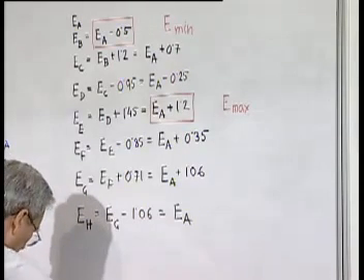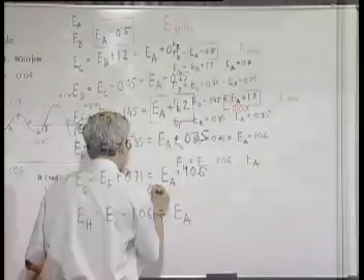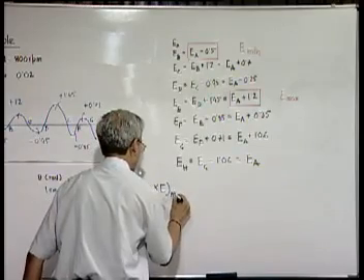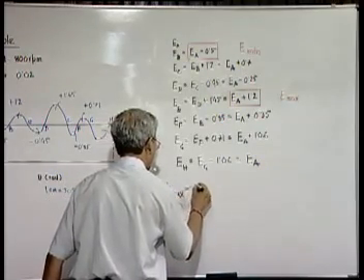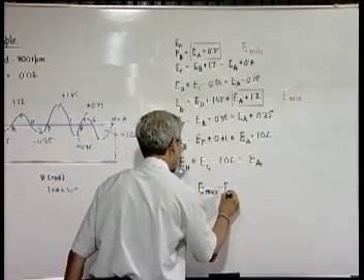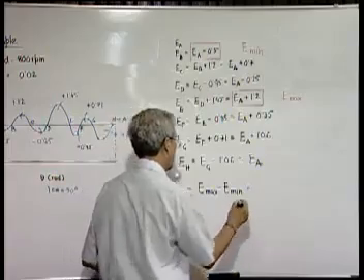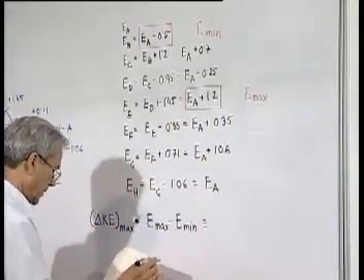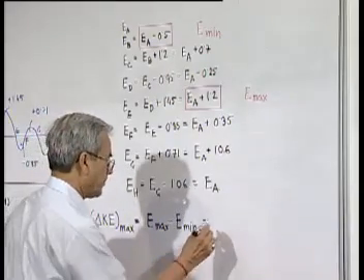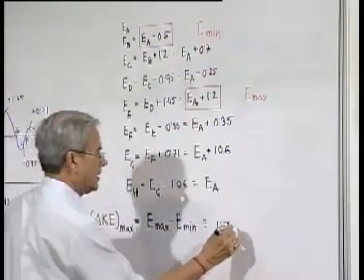So the maximum fluctuation of energy, which is nothing but E max minus E min, is equivalent to 1.7 centimeter square.